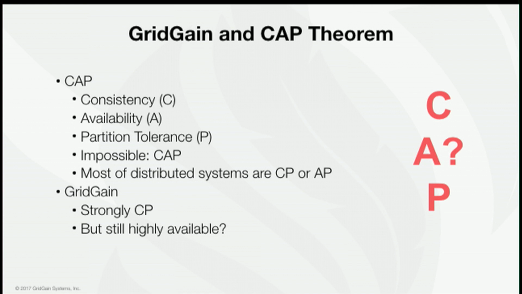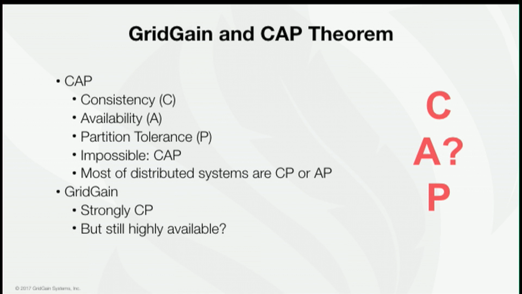So GridGain is a CP system. What does it mean? It basically means that it's not fully available. It's not available 100% of the time. But for most mission-critical systems, it's very important that the system is available at least most of the time. And Ignite and GridGain provide different techniques and different features that can increase the availability of the system.